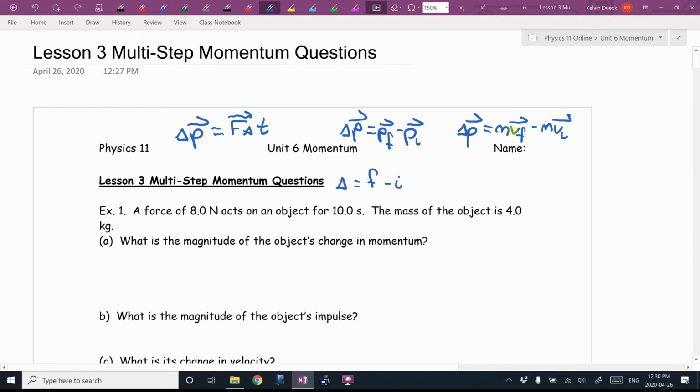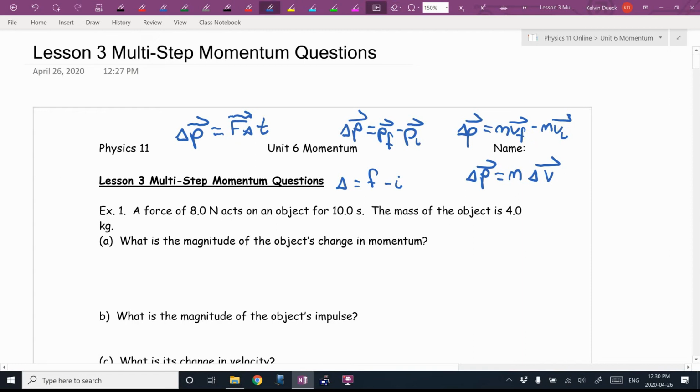And because this is final minus initial, which is change in anything, another way to write this final equation is just mass times the change in velocity, because change in velocity is final minus initial, and if I multiplied it out, I would get that.